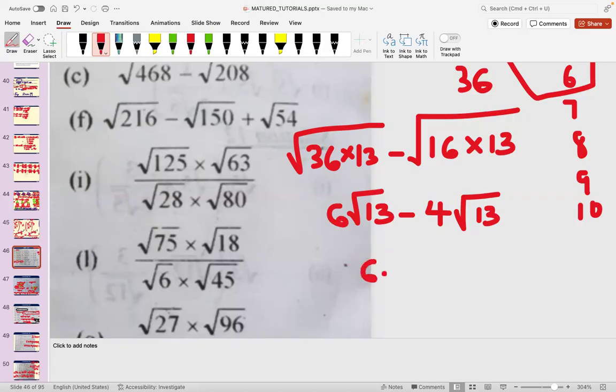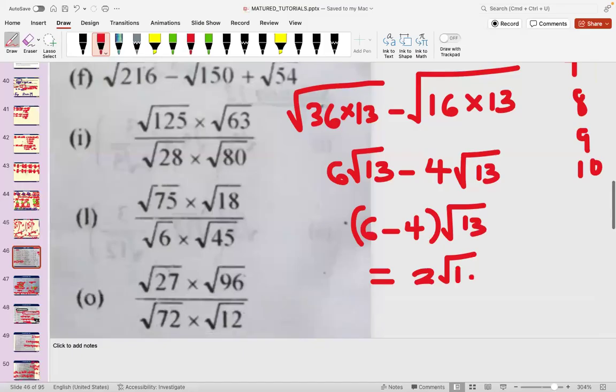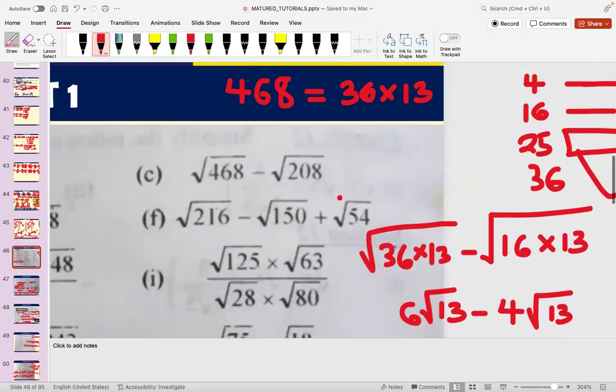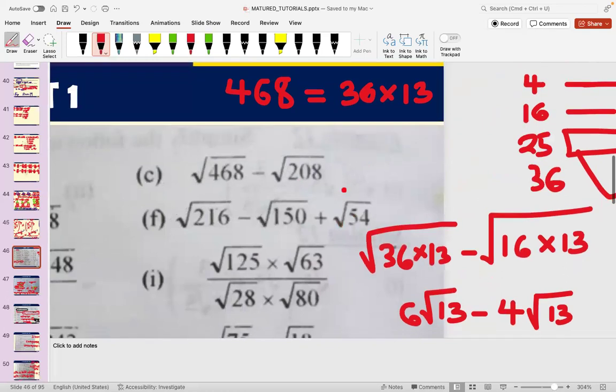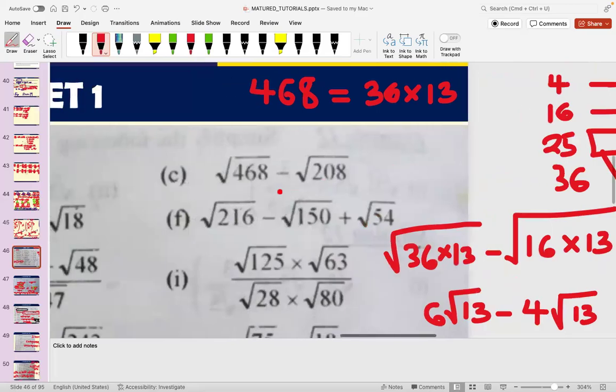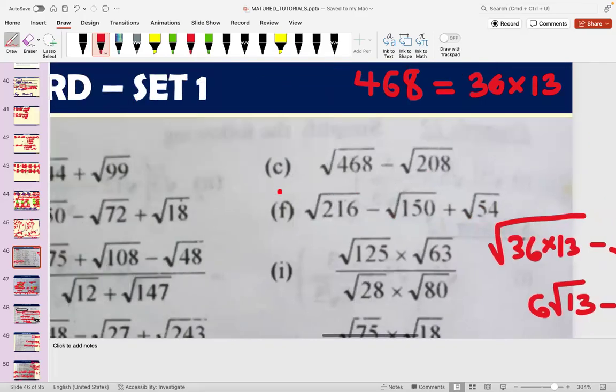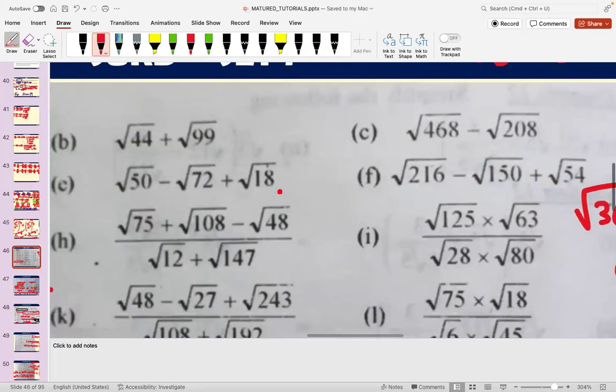So you have 6 minus 4 root 13. And then finally, you have 2 root 13 as your answer for C. So let's check C. So that is the answer, 2 root 13.